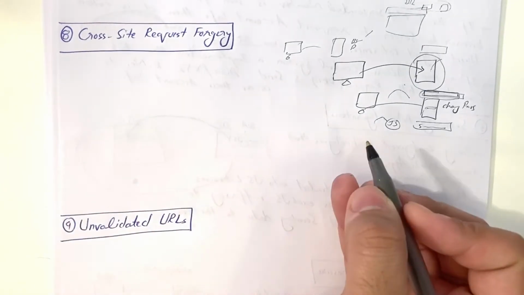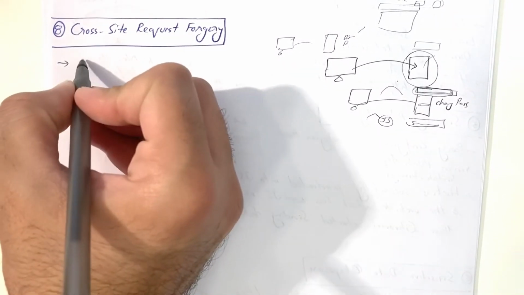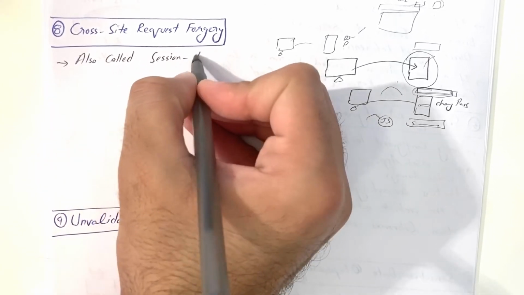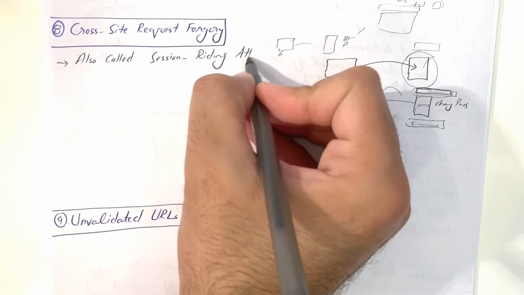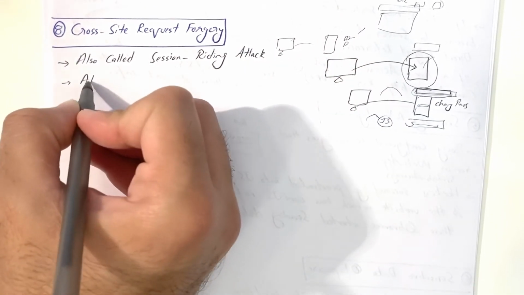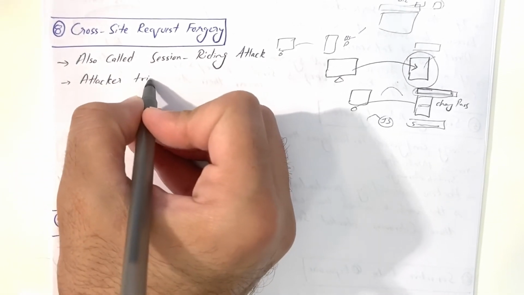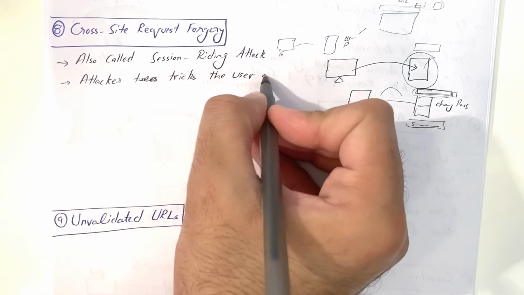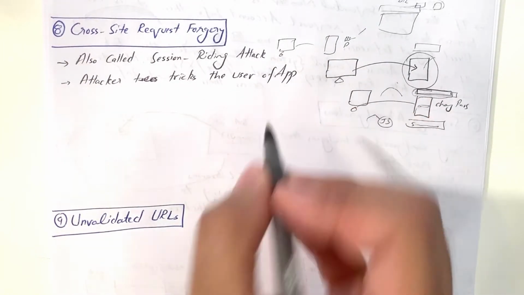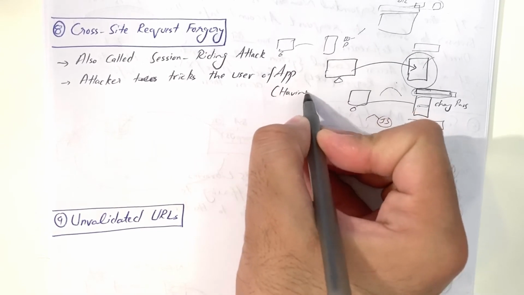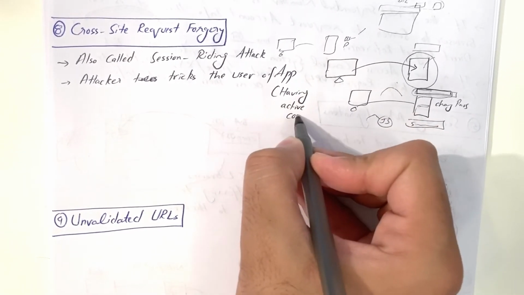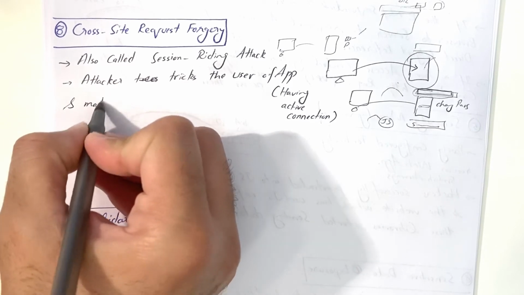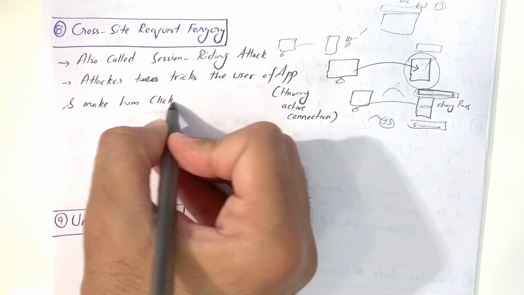So what are the things that you need to know? Cross-site request forgery, also called session riding attack. The attacker tricks the user of the application, who has an active connection, meaning the user is actively using that website, and makes him click the link.